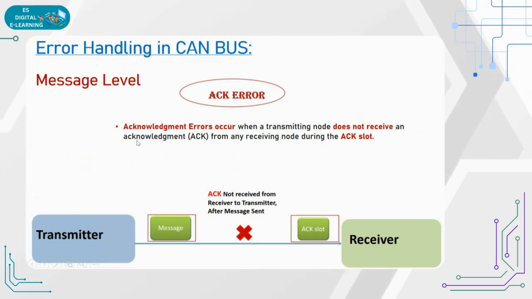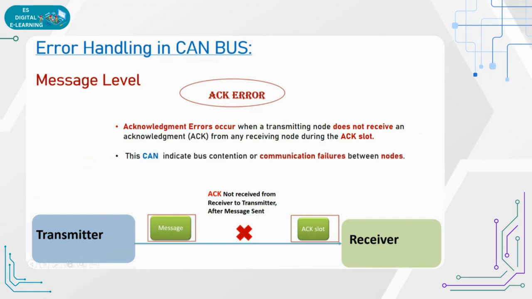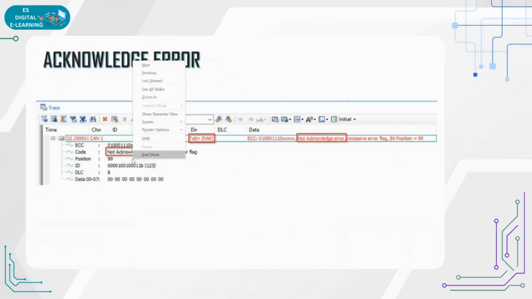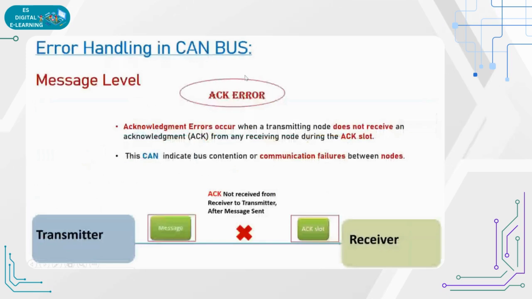You can write down: acknowledgement error occurs when transmitting node doesn't receive an acknowledgement from any receiving node, because I am saying in terms of the networks, the ECUs that we are connecting.